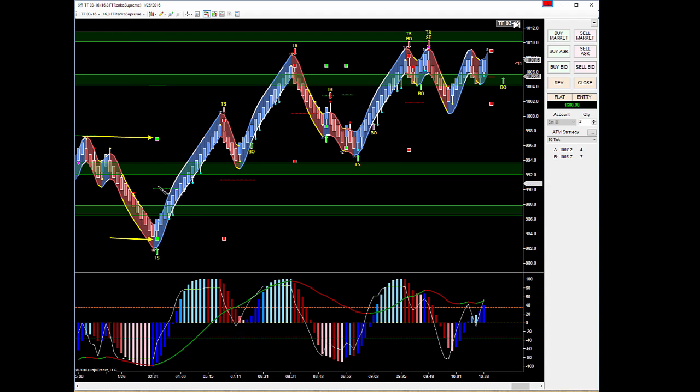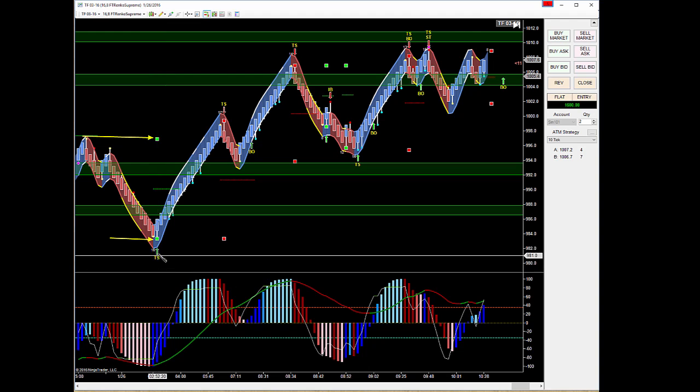Now I use 50% because it's a high probability target. Other traders may use Fibonacci's, maybe a 61.8 or a 38.2 or something. You can use anything you want, and SignalPro will plot that in there for you. But I use 50%. You'll see why as we go along here.